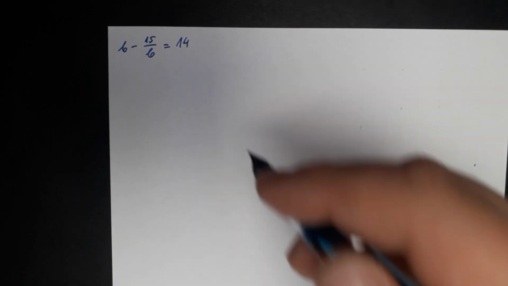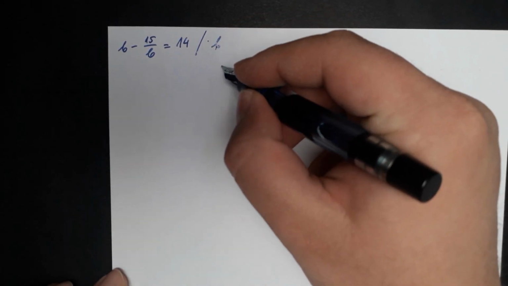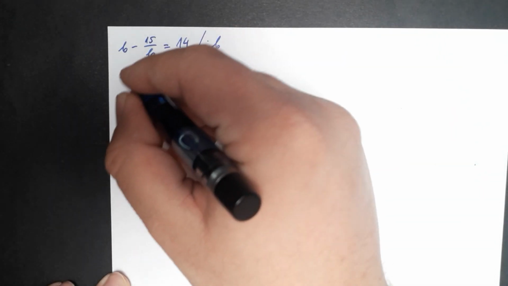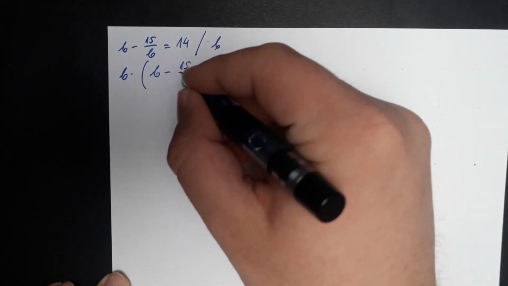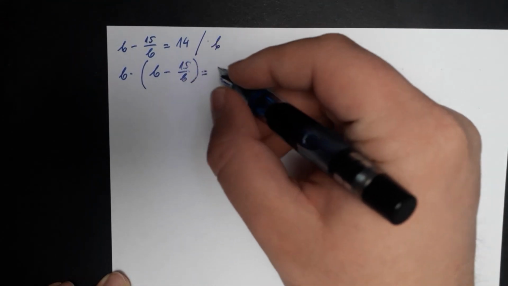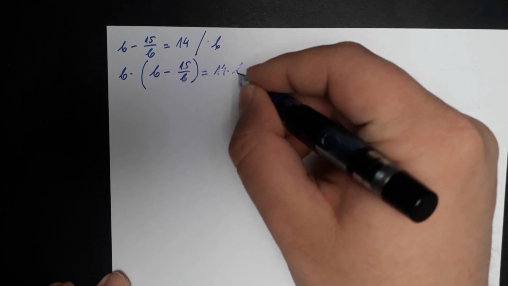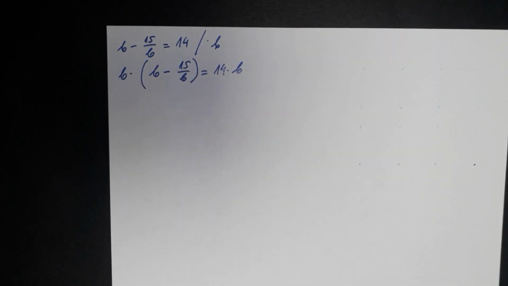In this equation, as you can see, there exists a term which has b in the denominator. First, we have to transform this equation so that b no longer sits in the denominator. We can do that by multiplying the entire equation by b, and then we get that b multiplied by the left side of the equation, b minus 15 over b, is equal to 14 multiplied by b on the right side of the equation.